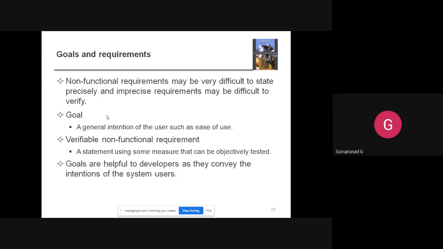I am going to tell about some of the metrics for specifying non-functional requirements: how to measure these non-functional requirements, what are the metrics, to test the non-functional requirements.